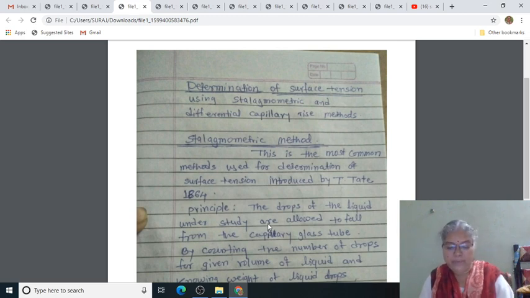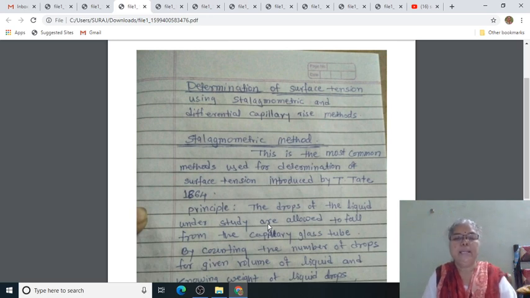And the surface tension is defined as the force in dynes or energy which is required to expand the surface of liquid by unit area, and is expressed in ergs per centimeter square. The SI unit of surface tension is Newton per meter or joules per meter square.